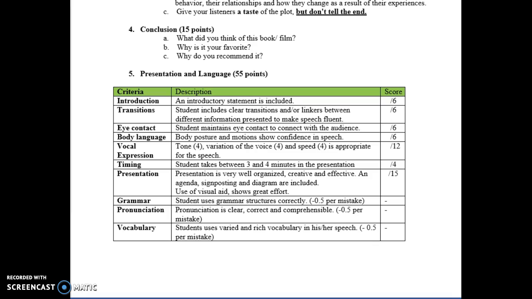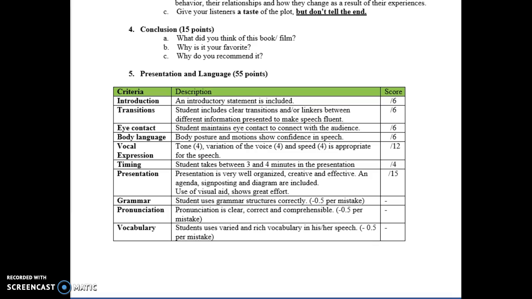Presentation should be well organized. We're going to see how creative you are, but more than that, if it's effective, if it's a clear presentation, and it has to contain three important things. First, an agenda, a public agenda. Signposting, when I refer to signposting, is how you can state your agenda in the different parts of the presentation.